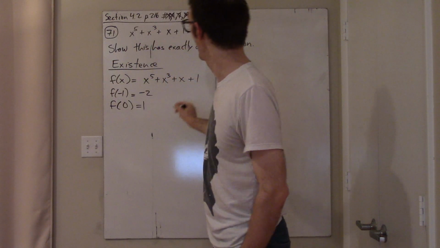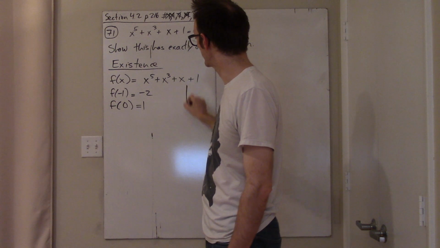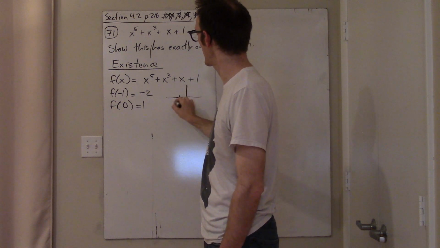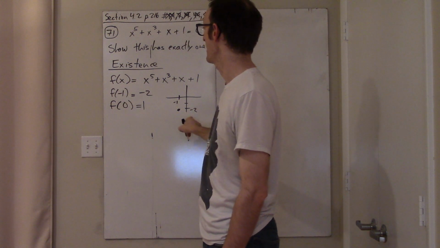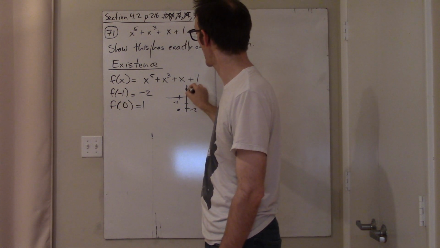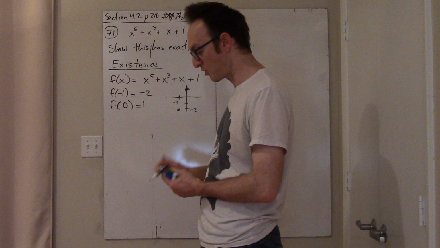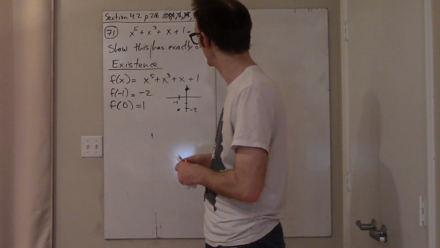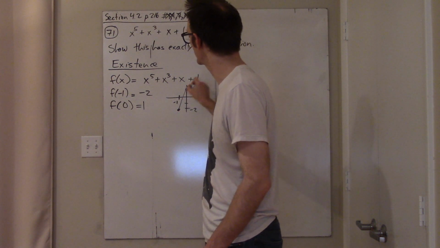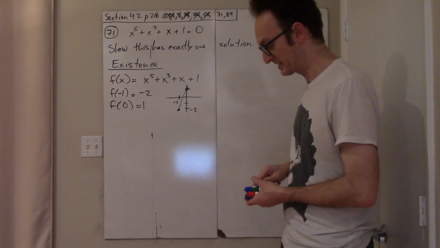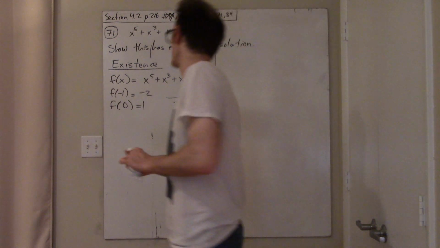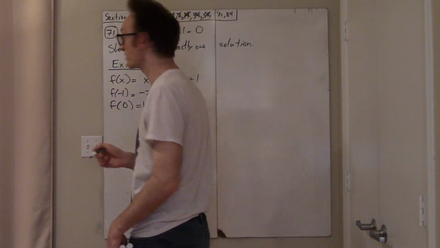And so, to make a sketch of this function, we see that here at negative 1, the value of this function is negative 2. But by the time I get to 0, we're already at 1. And so, somewhere on this interval from 0 to 1, this function has to cross the x-axis. Okay, it's been a while, so let's remind ourselves how we write this.